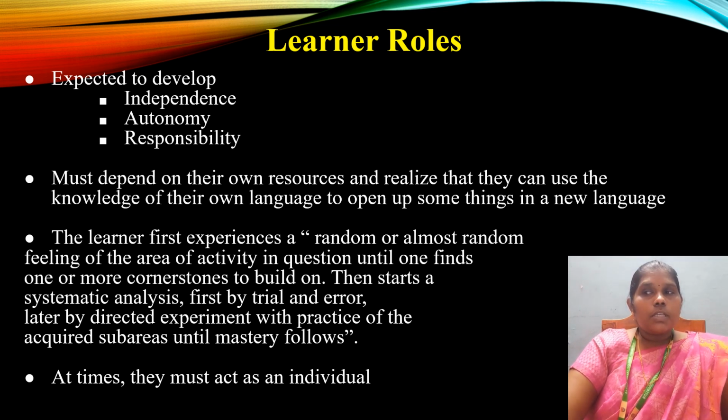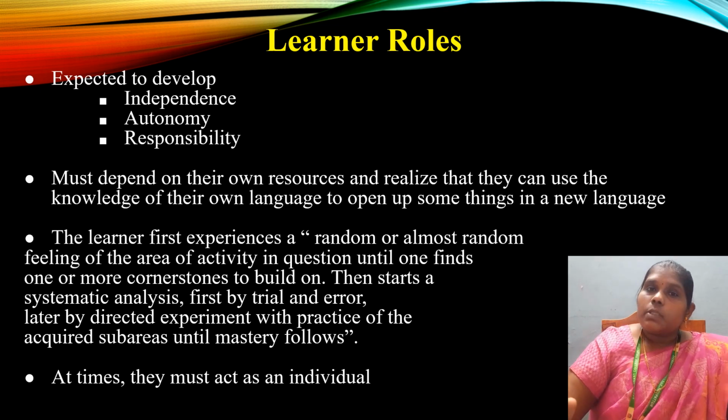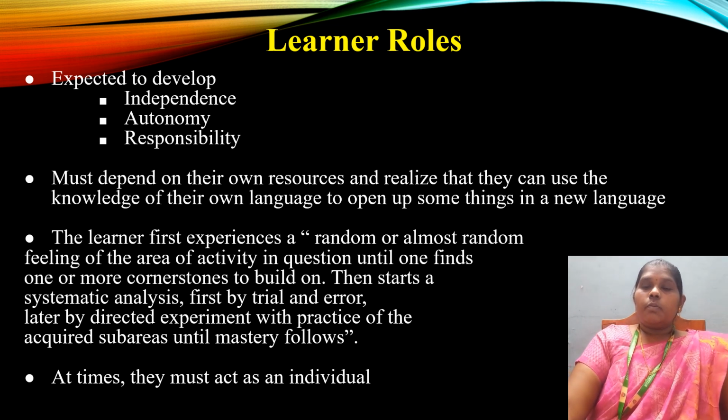That you can do something in a particular way. And sometimes the learner must act as an individual person, or another time the learner must work cooperatively with the other learner. Okay, individual work also must be done and cooperative work also must be done.